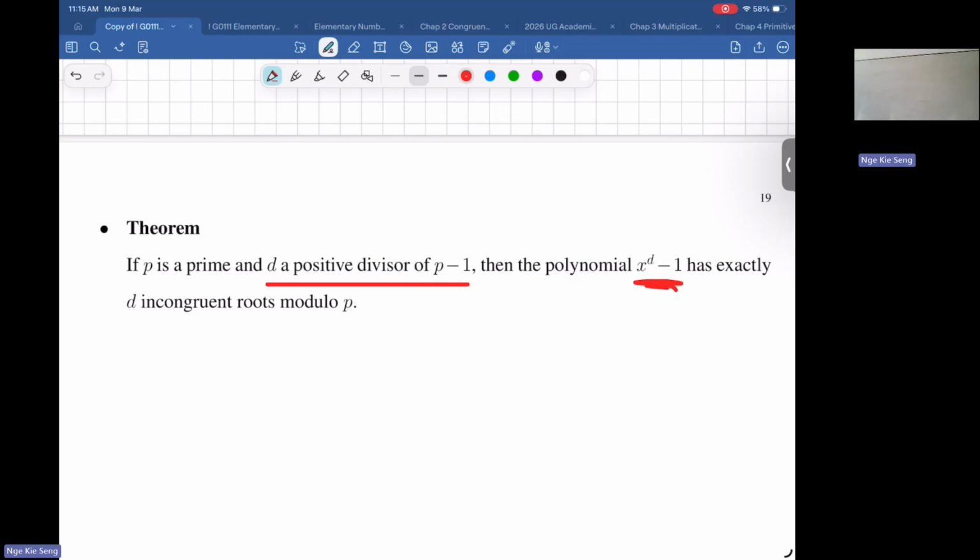So p minus 1 has positive divisors, and one of them is 2, because it's even. Then x to the d minus 1 has exactly d incongruent roots mod p. So this polynomial is special. The Lagrange theorem just now tells you there are at most n of them, but for this specific polynomial, it has exactly d. You can find d different incongruent roots here.